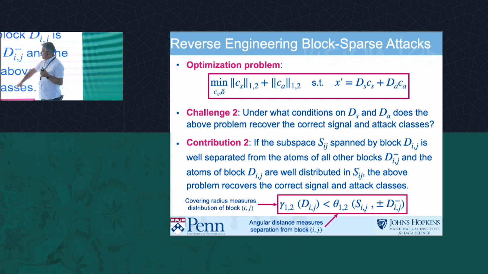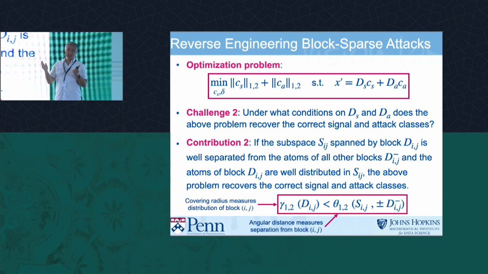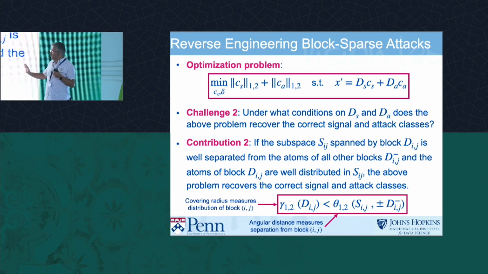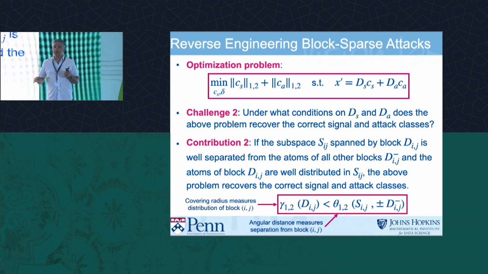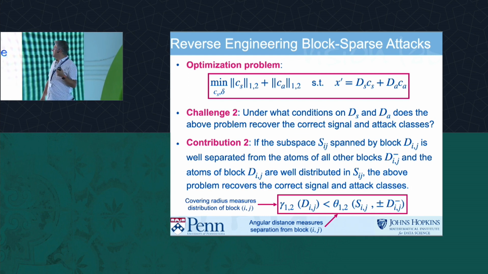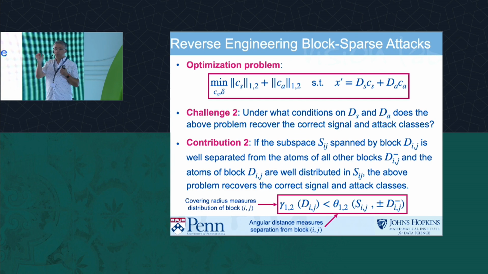On the left, that gamma is a measure of how well distributed the atoms of the dictionary are within the corresponding subspace. So the theoretical condition on the training data as well as the attacks is that you need the atoms of the dictionary to be sufficiently well distributed within their subspaces. And then between the true subspace and all other subspaces, they need to be sufficiently well separated. Okay.